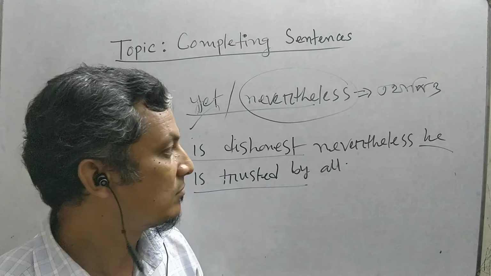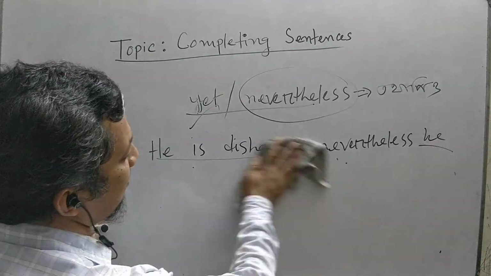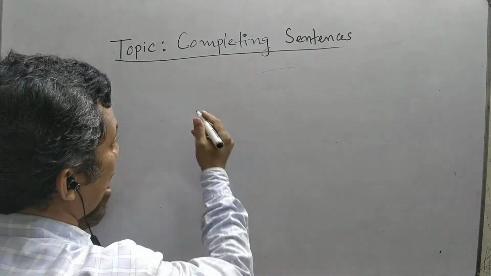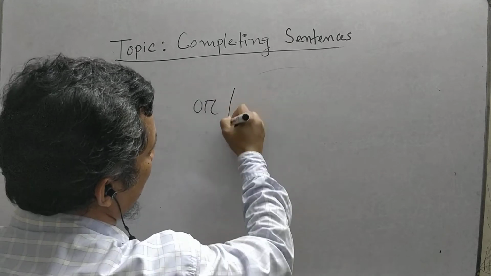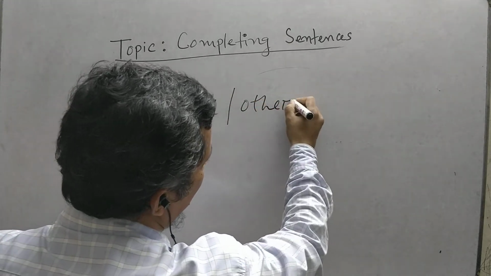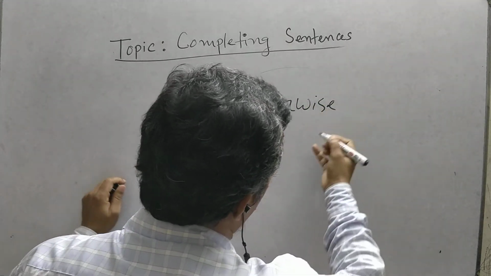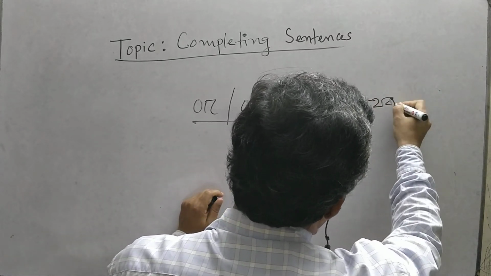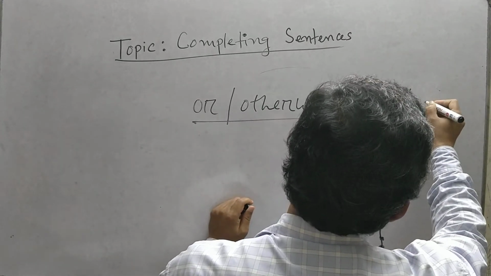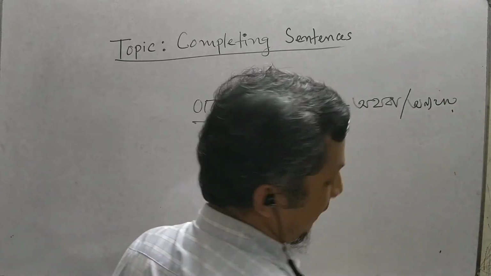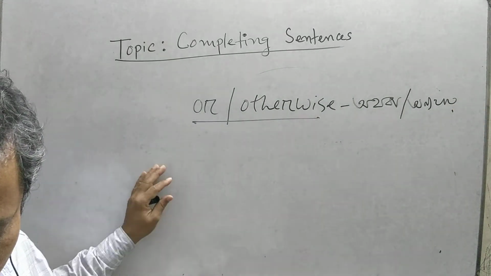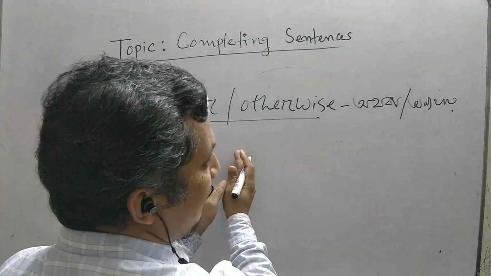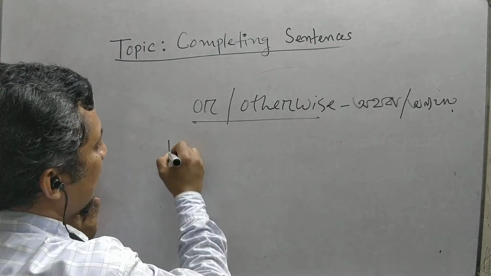Now, I will give another rule to you. Or, otherwise. The Bangla meaning is অথবা or অন্যথায়। The sense will be in a different way.